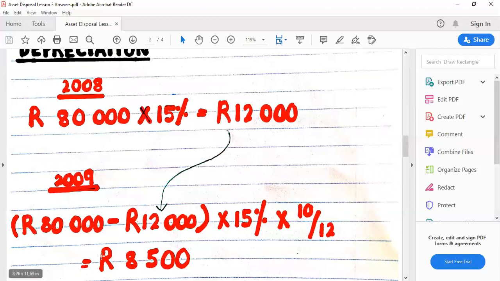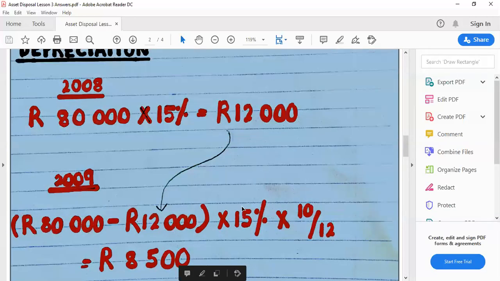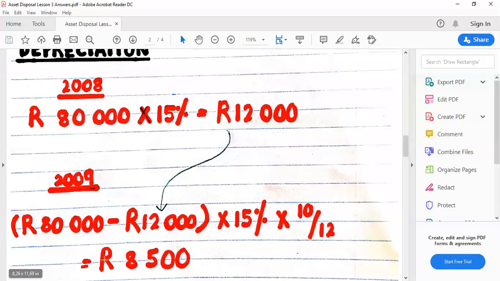And then we've got 8,500. So our current year's depreciation is 8,500. Now we're going to go on to the accumulated depreciation, okay? So the accumulated depreciation, as I've said in the week 1 slides, is all the previous depreciation added up.